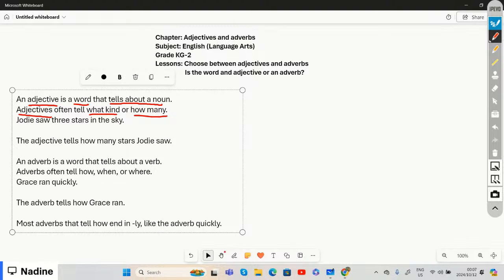And if we look at an example of an adjective, we see adjectives are words that tell you about the noun, tell you what kind, and tell you how many. An example is: Jody saw 3 stars in the sky. So Jody saw three stars in the sky.